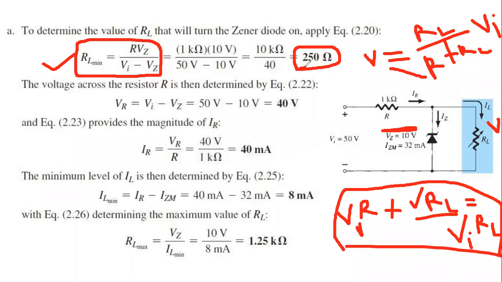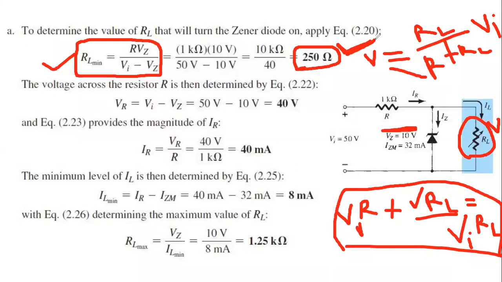We need to consider this because we need to find the resistance value so that the Zener diode remains in the Zener region. So 250 ohm is the minimum resistance that will make the Zener diode stay in the Zener region.